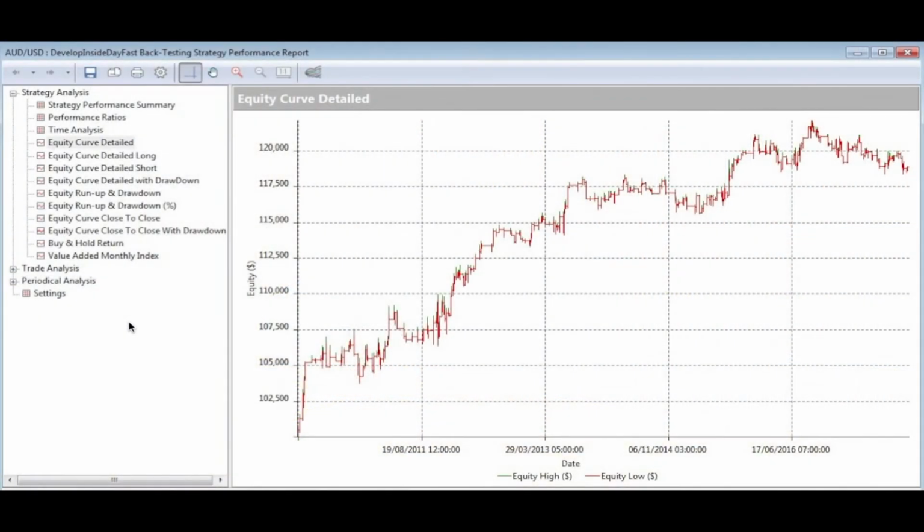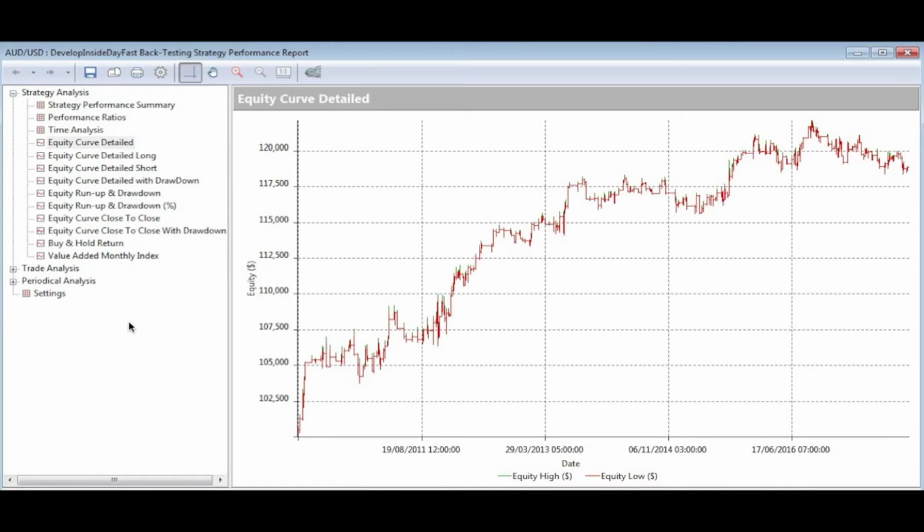We're going to start with this chart, which is Australian dollar versus the US dollar, and this is just an equity curve. They're all showing the same period, from the 1st of January 2010 through till the very end of 2017.